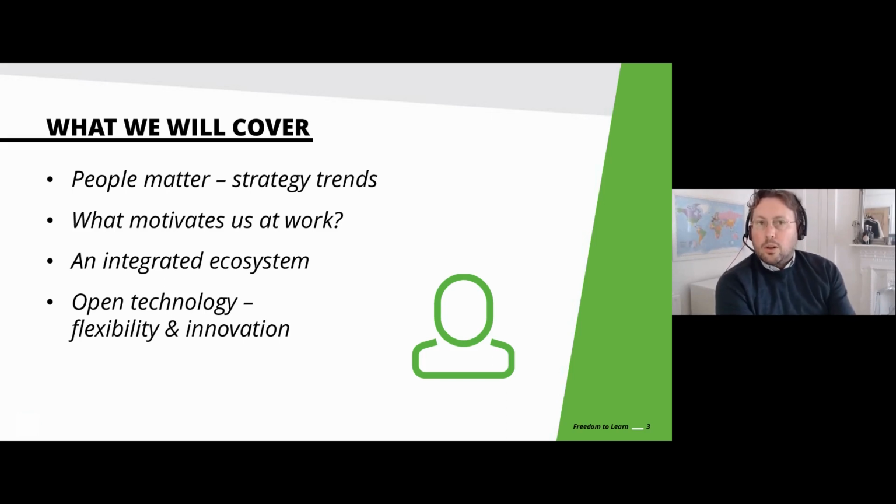We're going to look at how an integrated ecosystem is really quite critical to that future, and that open technology, a technology that is flexible and open and allows you to really focus on innovating at the rate and pace that really the wider world is demanding of us now.